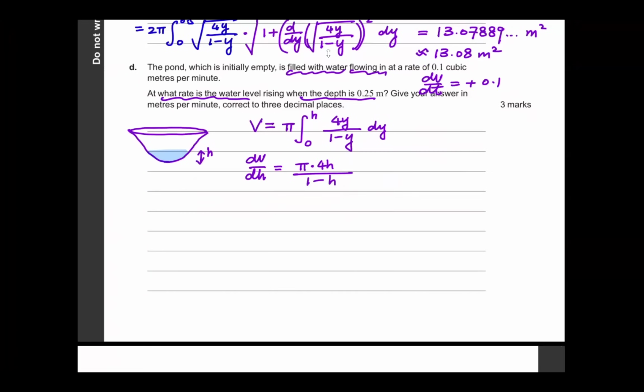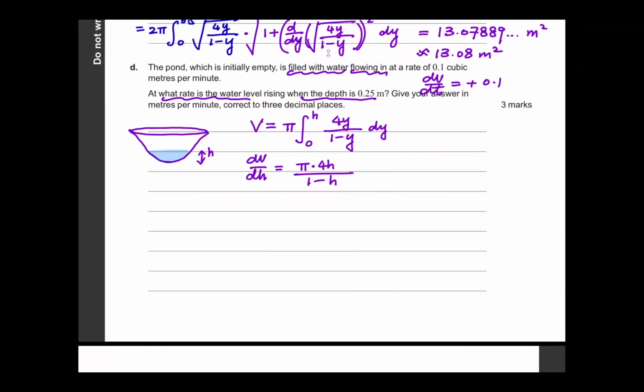And then we need to find the rate of the water level, which is the rate of the height. So we need to get dh/dt equals dh/dV times dV/dt. That is (1 minus h) divided by 4 pi h times 0.1, which is 1 over 10. And that is (1 minus h) divided by 40 pi h.